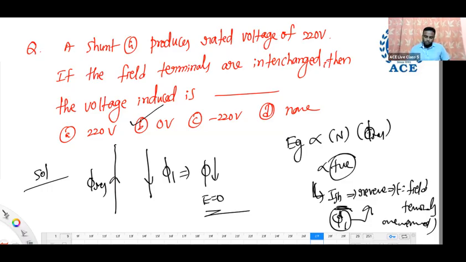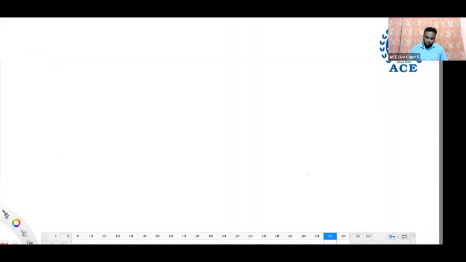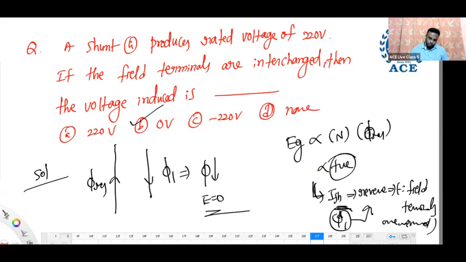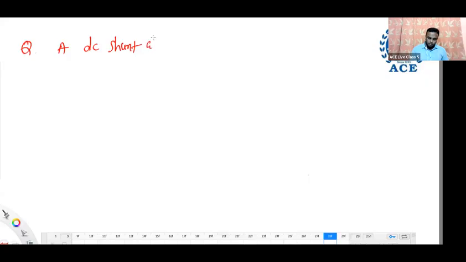Next, one more question. See this. A DC shunt generator. Very good, all of you completed the previous one. One more question. A DC shunt generator produces a rated voltage of 220 volts.